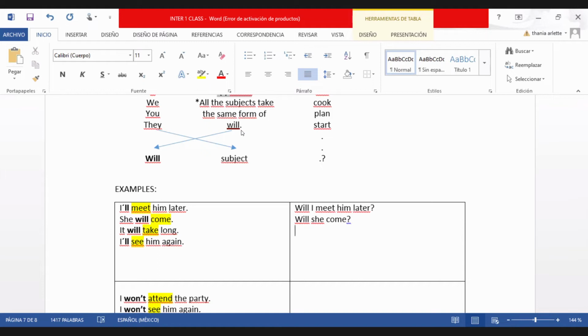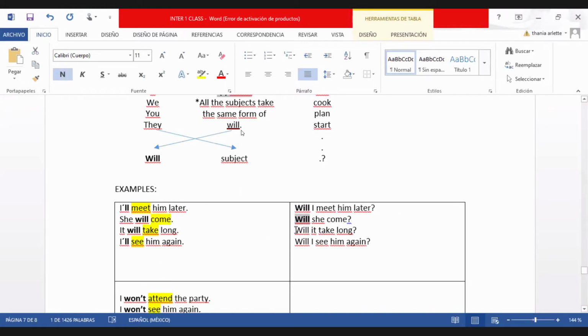It will take long. Will it take long? I'll see him again. Will I see him again? Yes. Those are the questions by placing will at the beginning of the sentence.